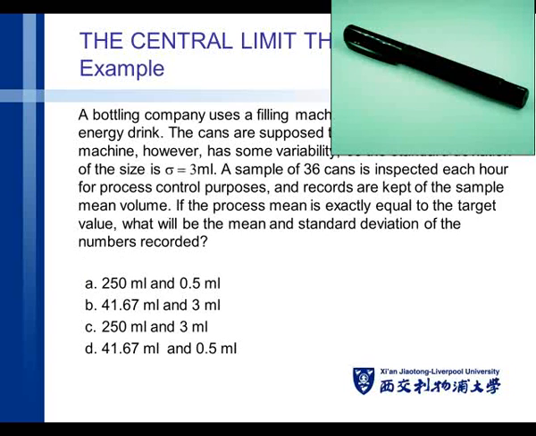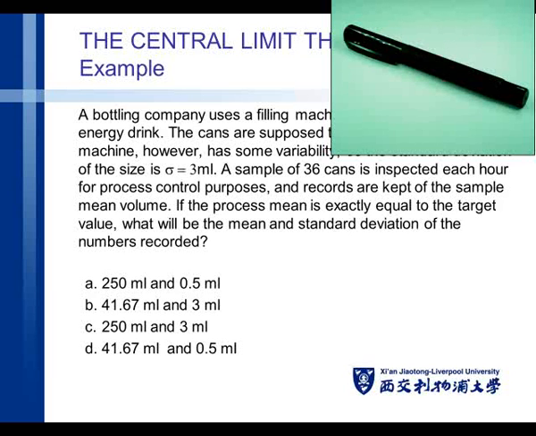So I corrected the example. The solution is still the same, A, but I corrected the numbers so that the sample size is above 30, so you can apply the central limit theorem.